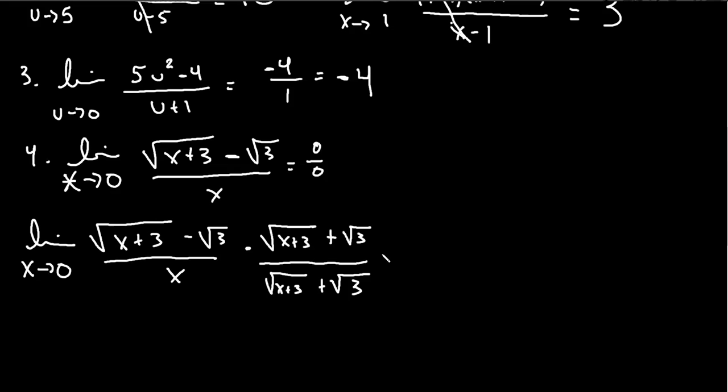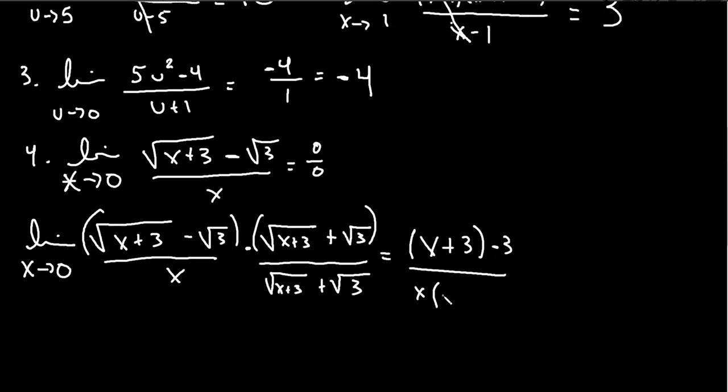It's basically FOIL from these two top terms. If you try it out yourself, you'll get x plus 3 minus 3 over x times root x plus 3 plus root 3. Easy as pie. Now if we plug in our 0, we will actually get a number now.